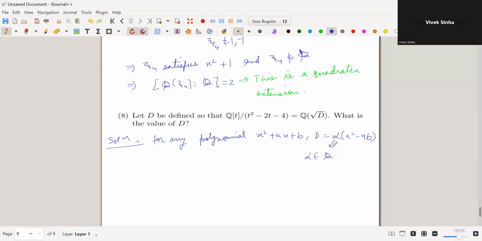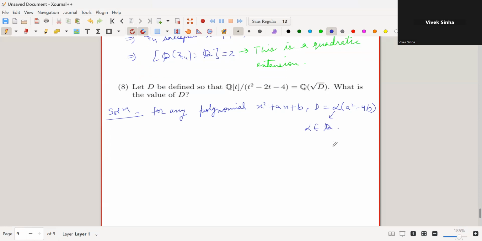Q of root 2 is the same as Q of 2 root 2, right? So multiplication by a field element won't create a problem. So up to that you can vary. So here D is a square minus 4b, where a is equal to minus 2 and b is equal to minus 4.